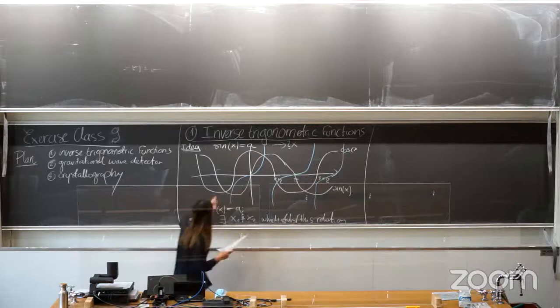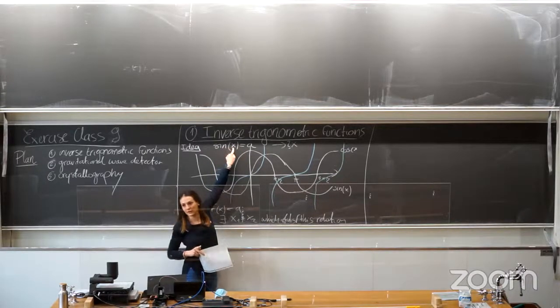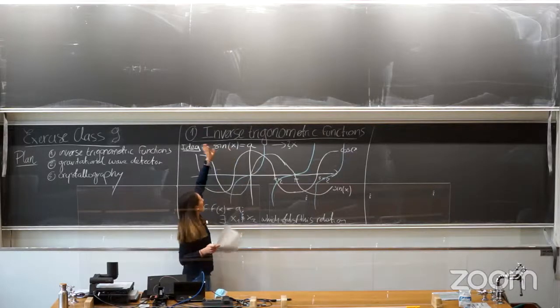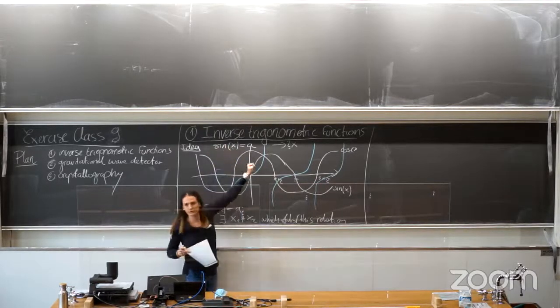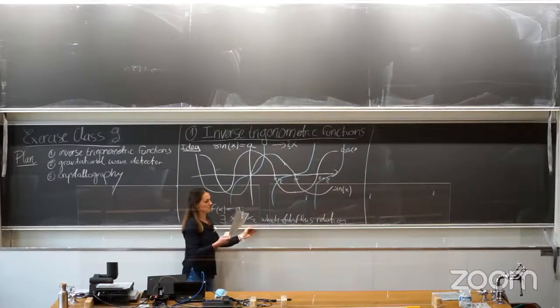So if we have sinus of x equal a, we have to look at all of the possible x. Maybe in some cases only some of them are valid solutions, but we cannot just take one random x and say this is the solution.